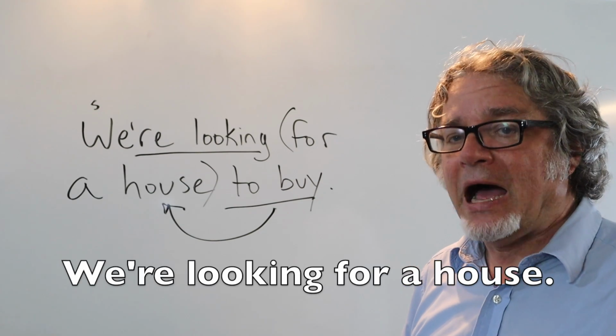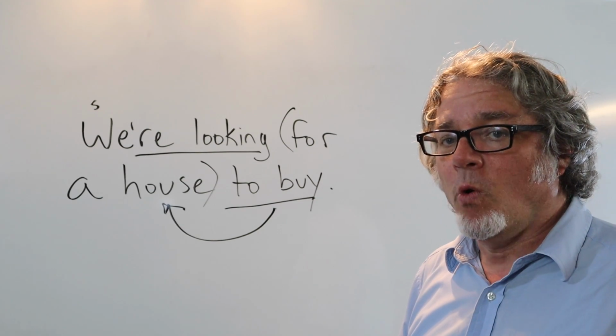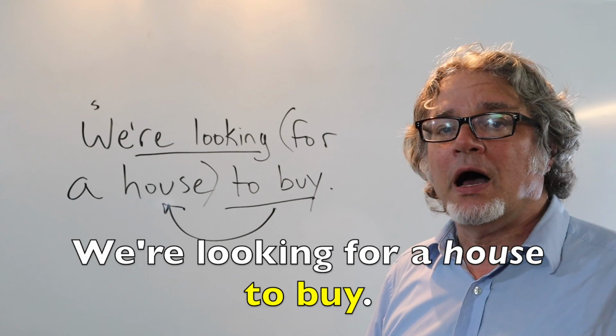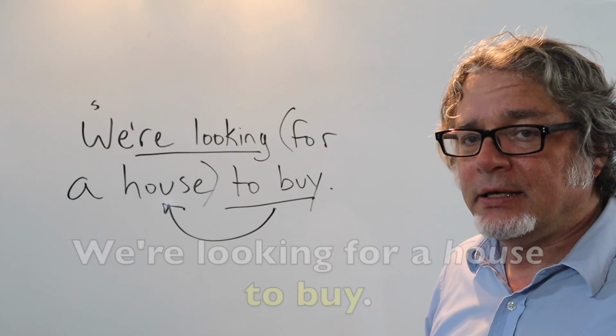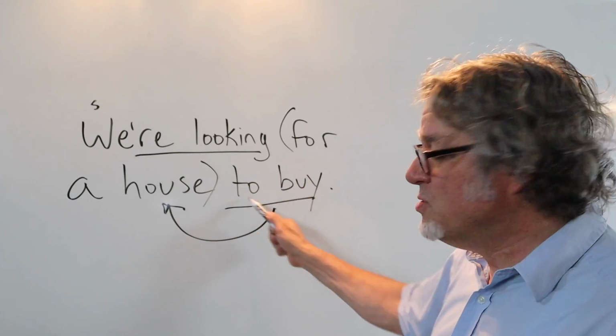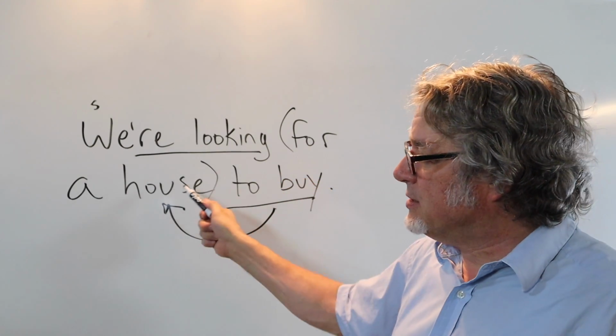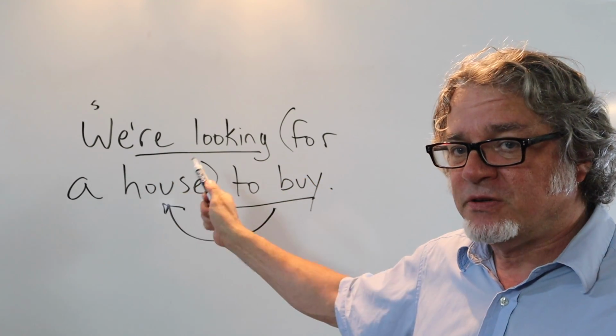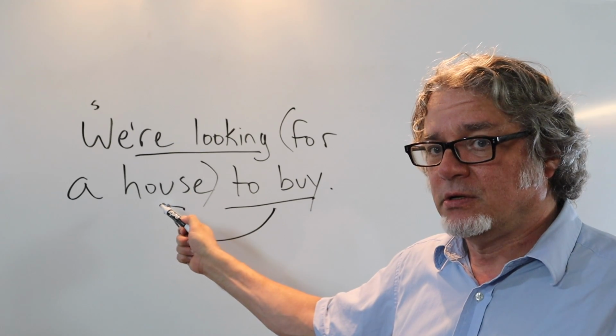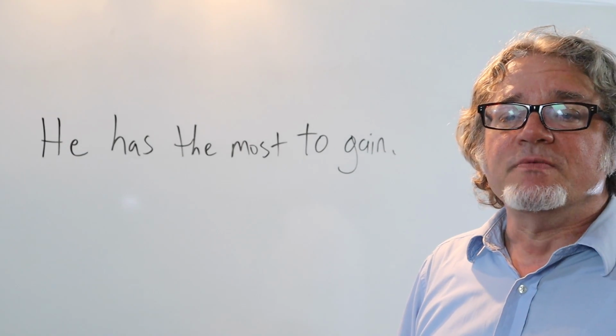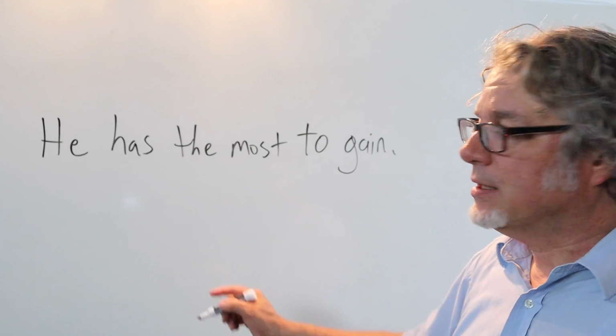We're looking for a house, or we're looking for a house to buy. You don't have to use the infinitive at the end of the sentence, but it does provide more information for this word.